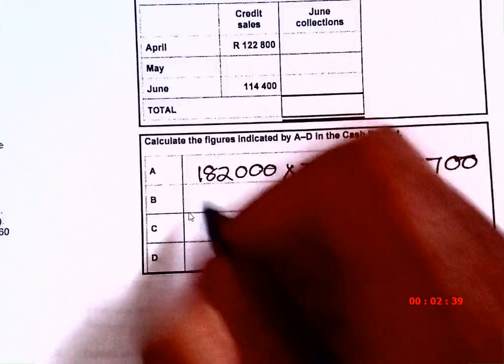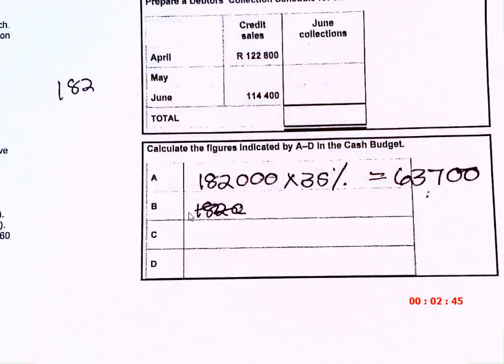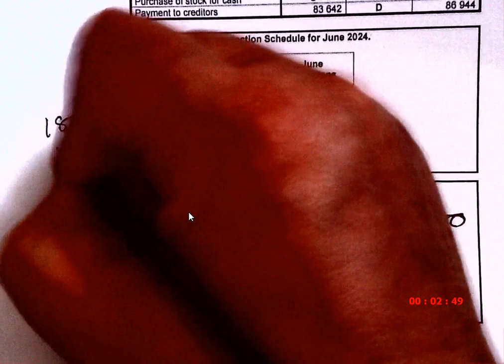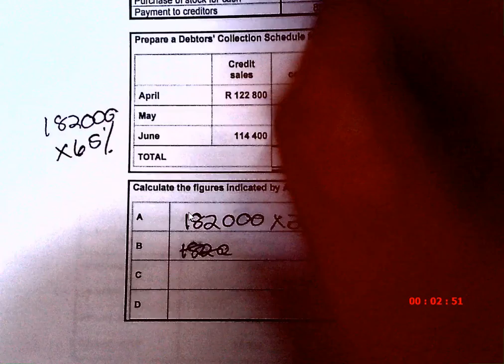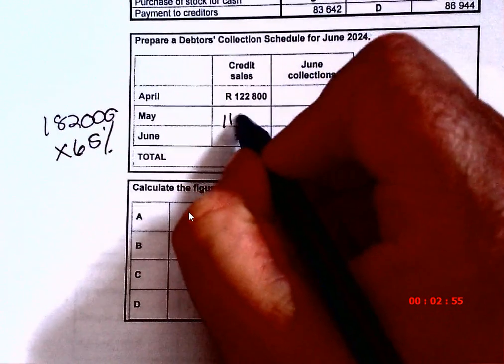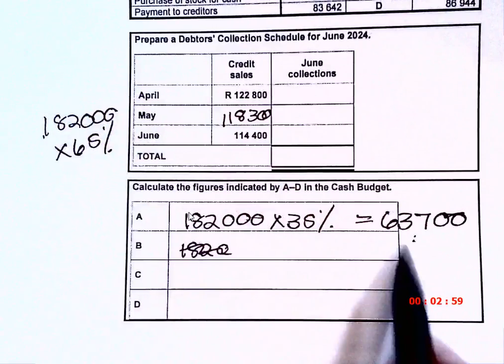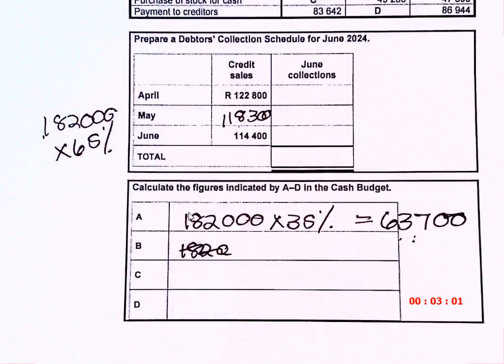Or I just say 182 times 65% gives me credit sales for May: 118,300. And if you say 182 less 63, it's also going to give you 118.